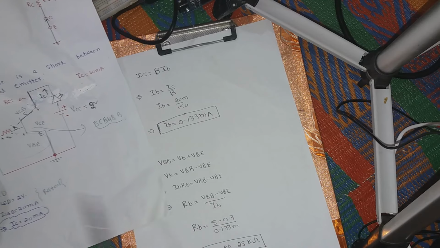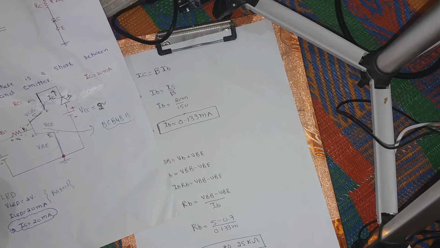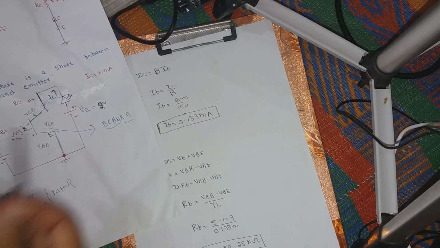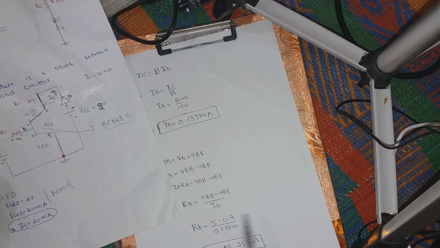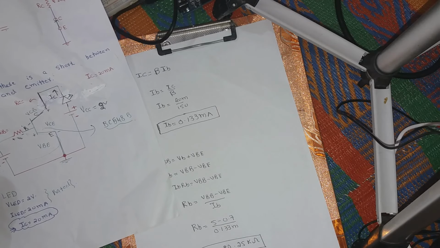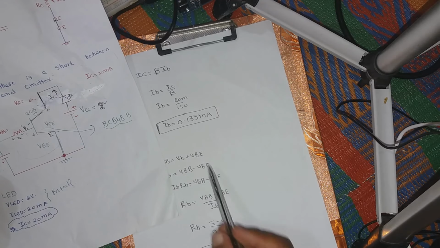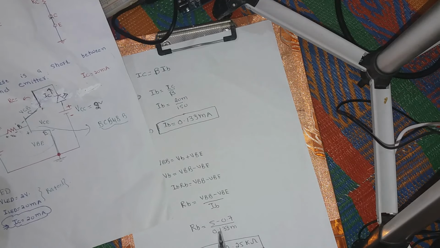As we know, VBB is the applied voltage, which is 5 volt. VBE is the junction voltage, which is 0.7 volt, since this is basically silicon, and IB is equal to 0.133 milliampere.